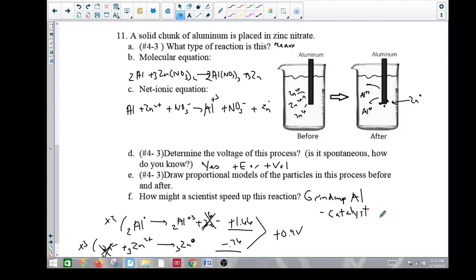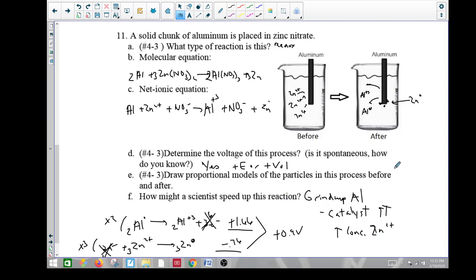You could increase the temperature of the process. You could increase the concentration of the zinc 2+. You wouldn't be able to increase the concentration of aluminum because it's solid, but you could grind it up to get more surface area. So that's about it.